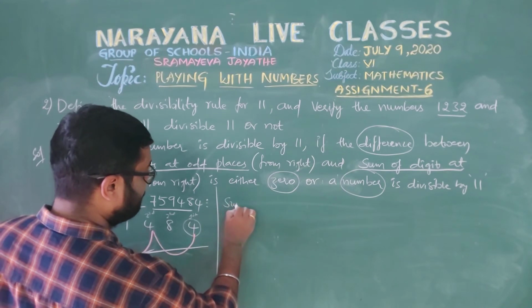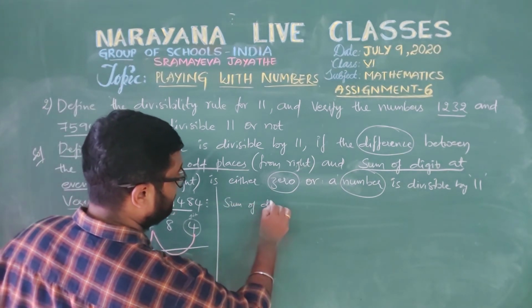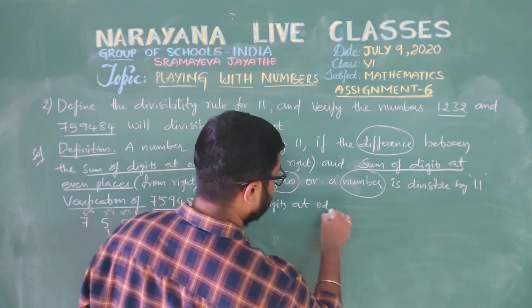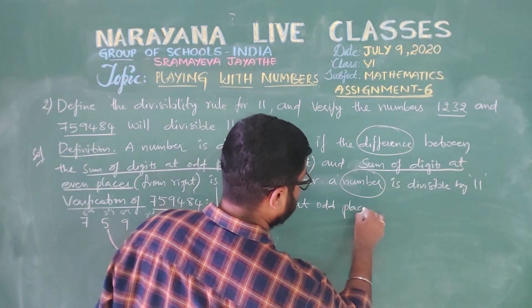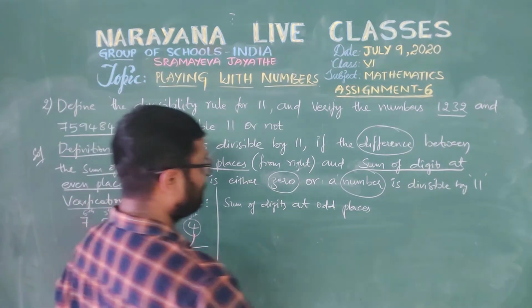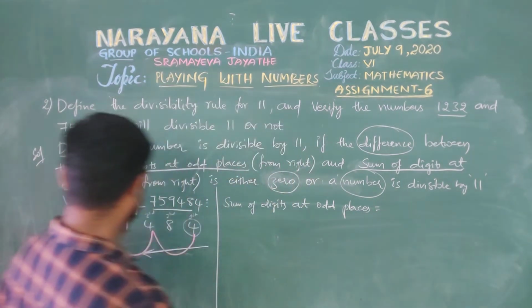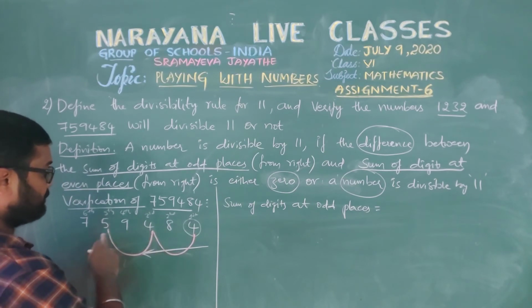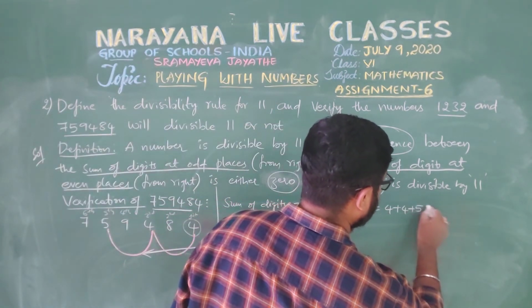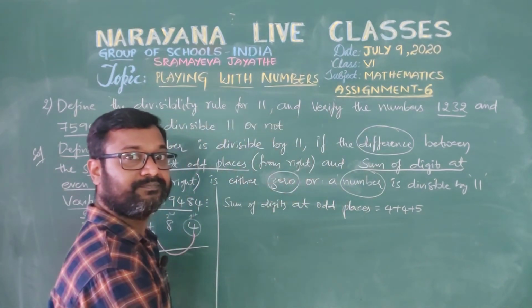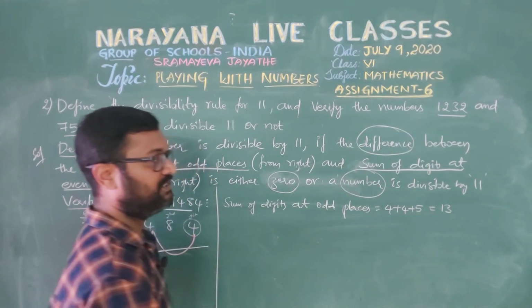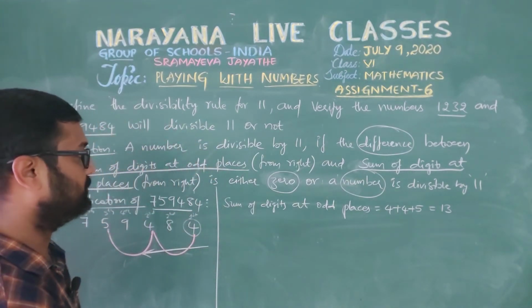So sum of digits at odd places: 4 plus 4 plus 5, which is equal to 13, isn't it?